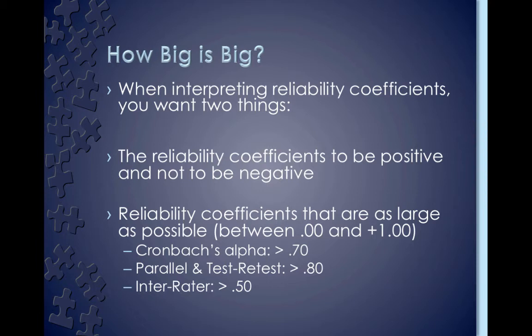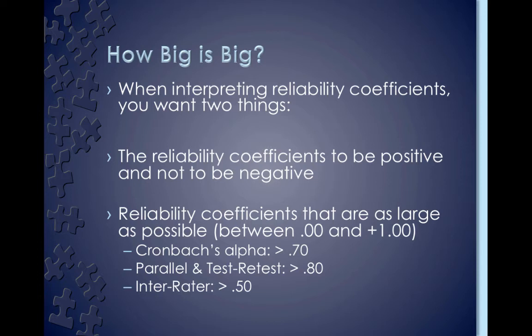When we have parallel forms and test-retests, again, this is Pearson's correlation, little r. We want it to be greater than 0.8. So if you think about how we interpret little r in terms of strength, 0.8 or greater indicates a very strong relationship. So if we have a very strong direct relationship, then we can say that we have parallel forms reliability, test-retest reliability.